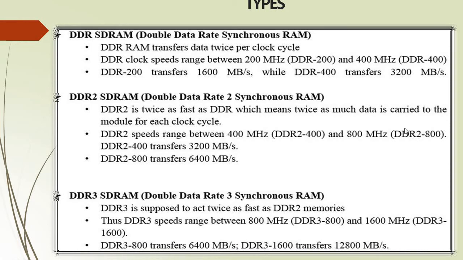Here are the different types of DRAM, DDR SDRAM, that is double data rate synchronous RAM, which first is DDR RAM, transferring data twice per clock cycle. DDR clock speed ranges between 200 MHz and 400 MHz. DDR 200 transfers 1600 MBps, while DDR 400 transfers 3200 MBps.